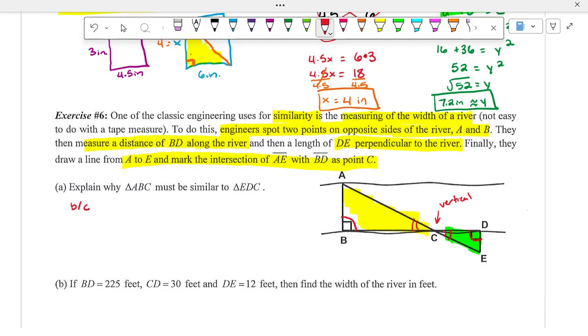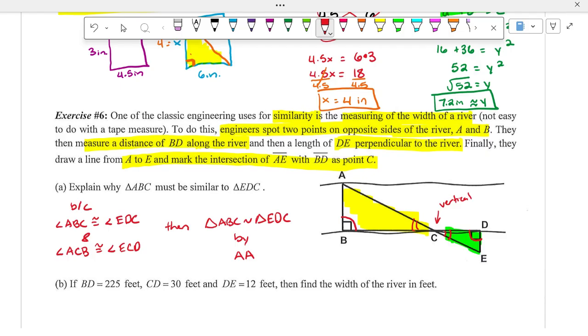Because angle ABC is congruent to angle EDC, sorry, and angle ACB is congruent to angle ECD, then triangle ABC is similar to triangle EDC by angle, angle. So that's why it's similar.